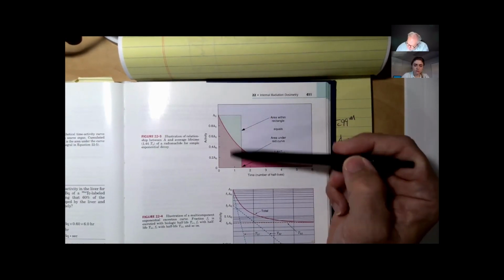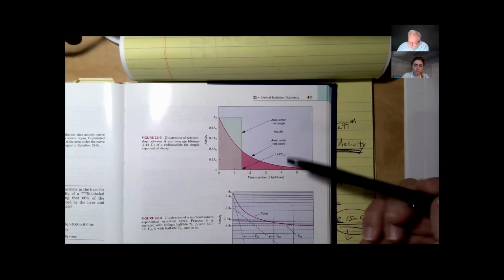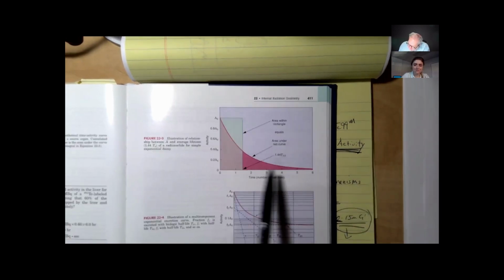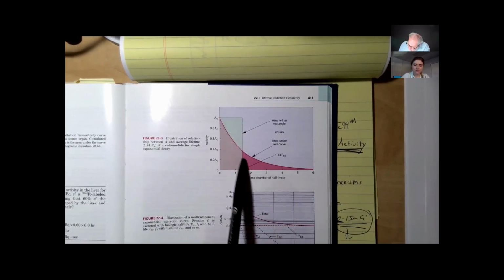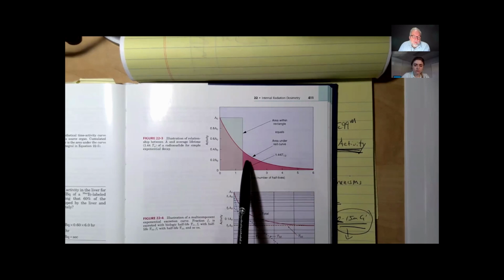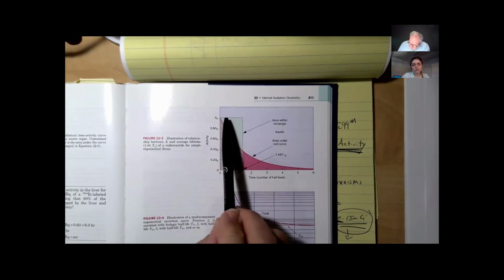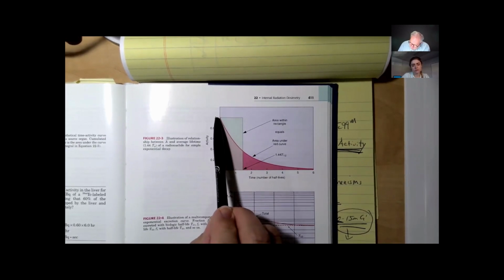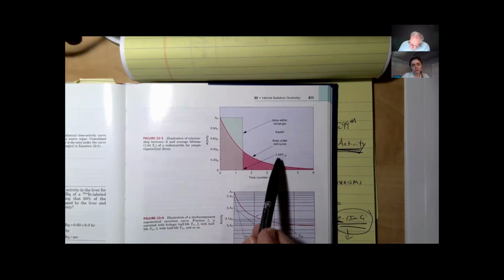The area under the curve we can derive, and I'm not going to ask you to do this, but the area under this curve is equal to the area of this rectangle, where we assume A naught and 1.44 times the physical half-life.